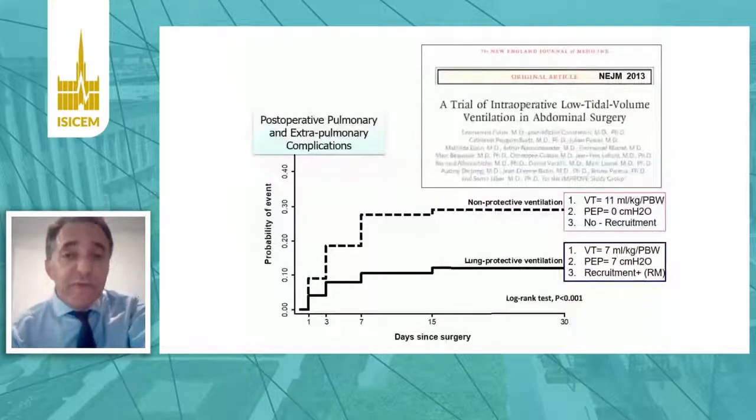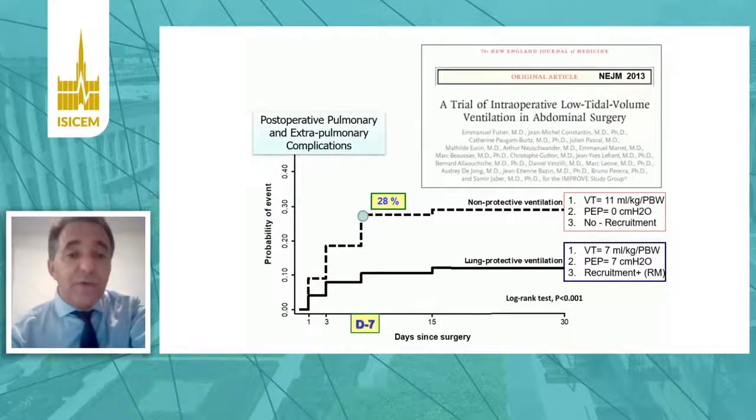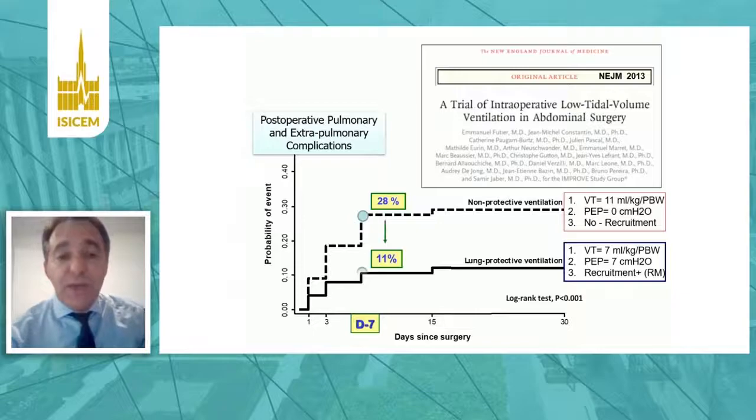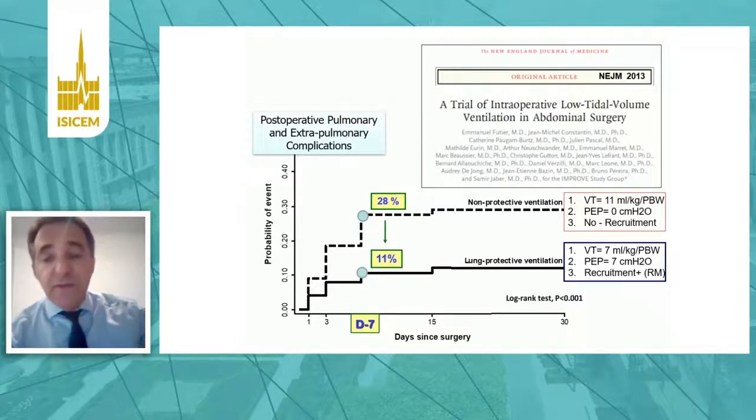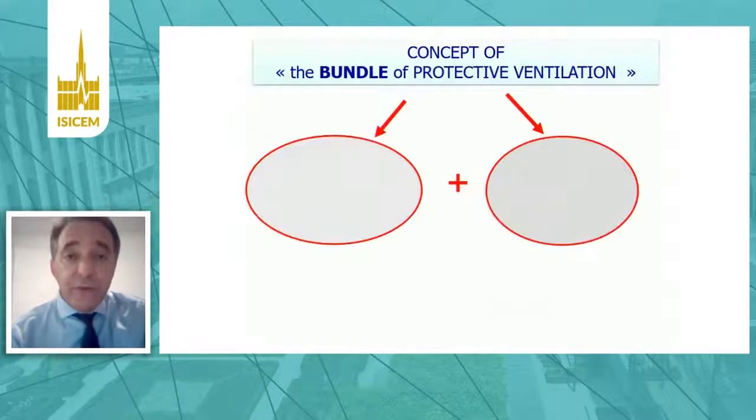The results of the IMPROVE study showed that using this lung protective ventilation, we could decrease postoperative pulmonary and extrapulmonary complications from 28% to 11%. This was obtained by this lung protective ventilation in abdominal high-risk surgical patients. So our concept is a bundle concept of protective ventilation.